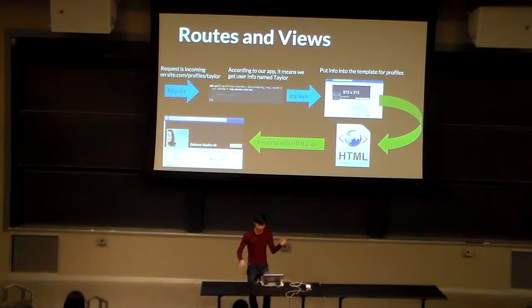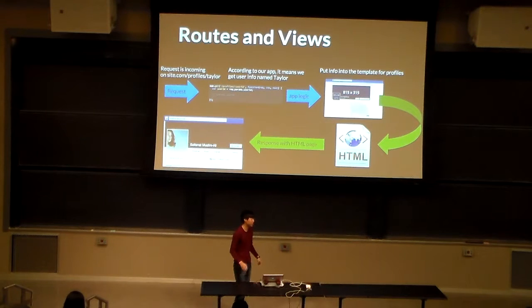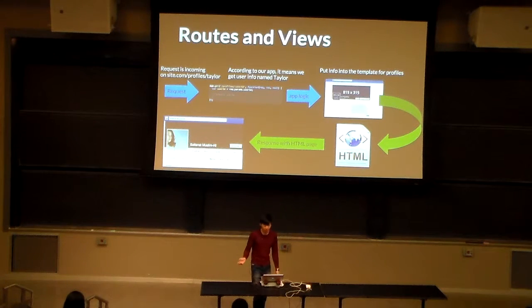So here's the whole request response cycle that I try to illustrate here simplistically. Let's say a request comes in and it says, okay, I want to see website.com/profiles/Taylor, right? And you know that it matches a particular route that you defined in your server-side code. It matches the profile route.